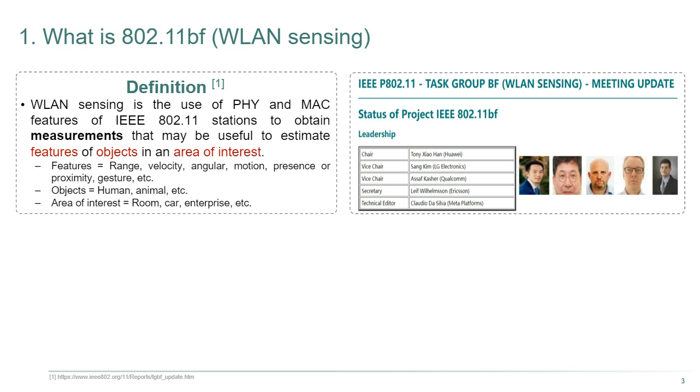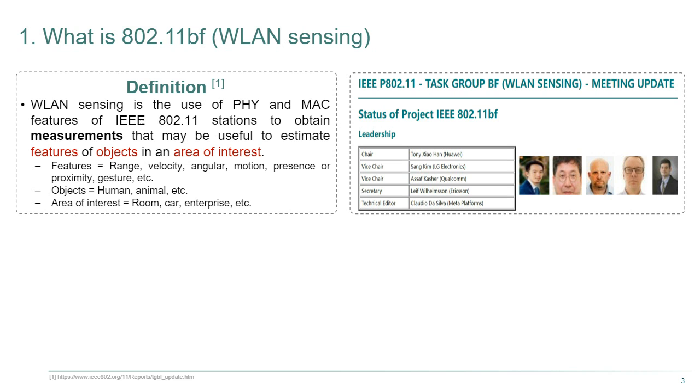Basically, we have a few keywords. One is features, which include range, velocity, angular, and so on. The second keyword is object, which includes human, animal, and so on. Even the environment itself could be the object. And the area of interest includes home, room, car, and so on.